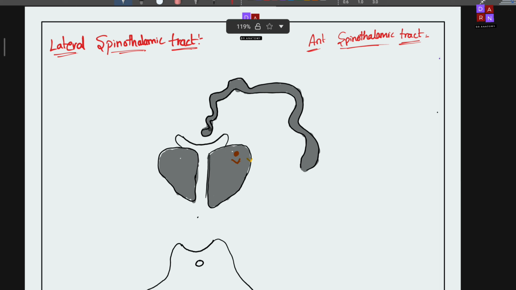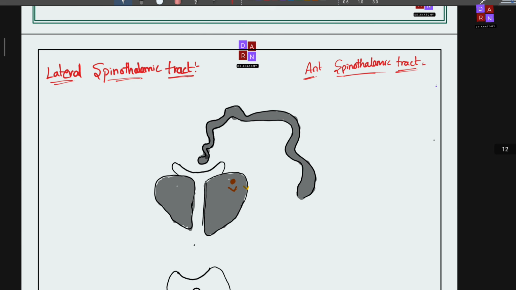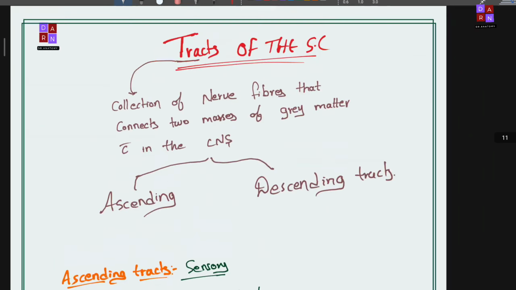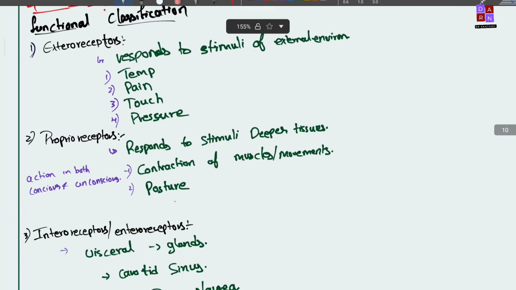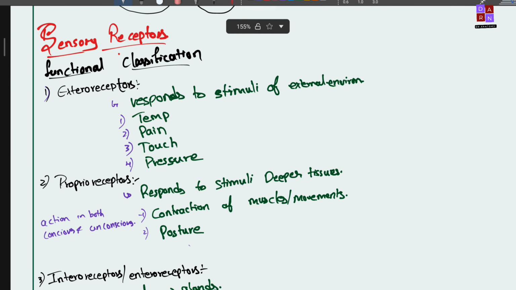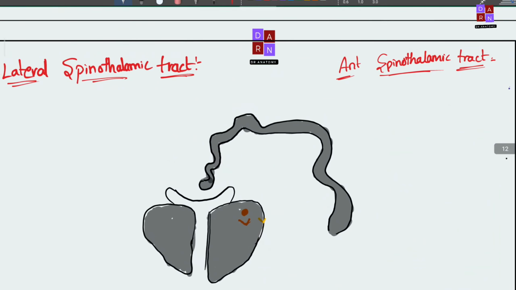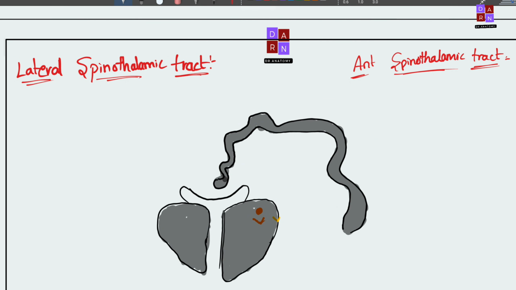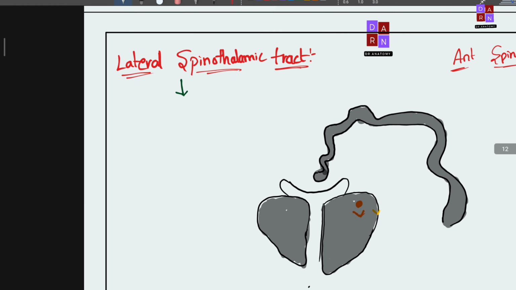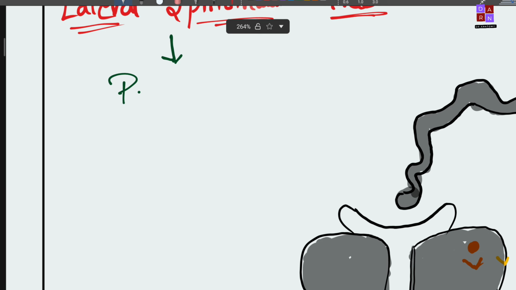So the lateral spinothalamic and anterior spinothalamic tracts both carry exteroceptive sensations, as I explained before: temperature and pain, touch and pressure. These are stimuli from the external environment. The lateral spinothalamic tract carries pain and temperature.